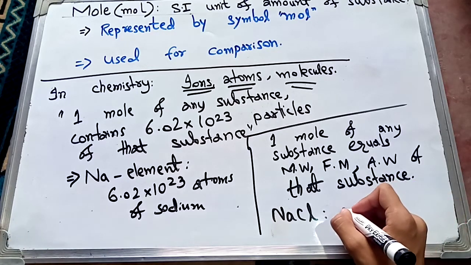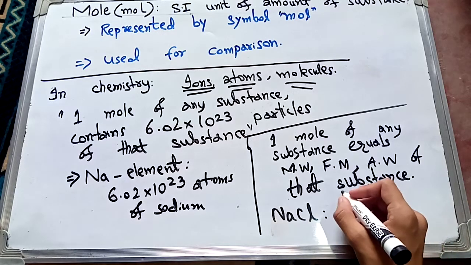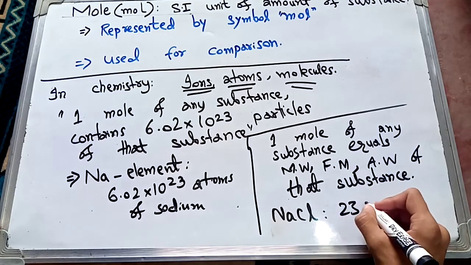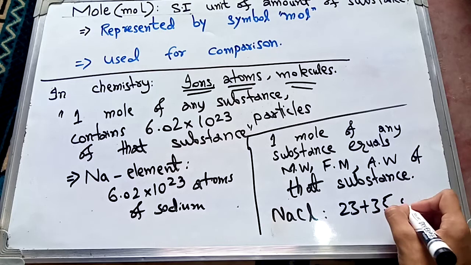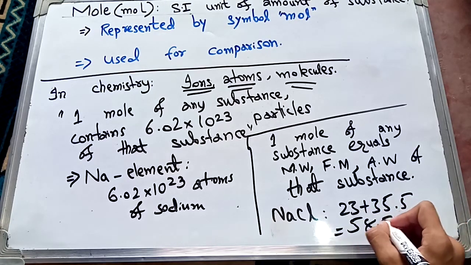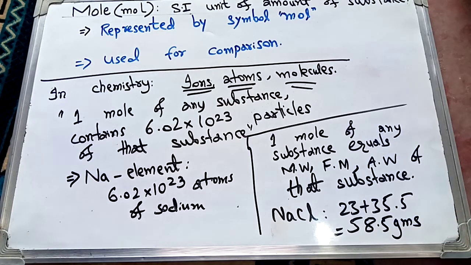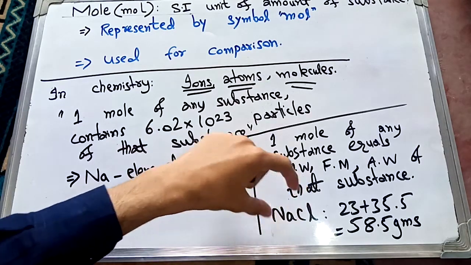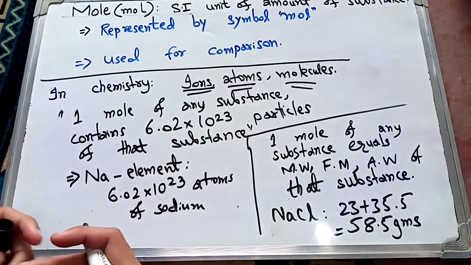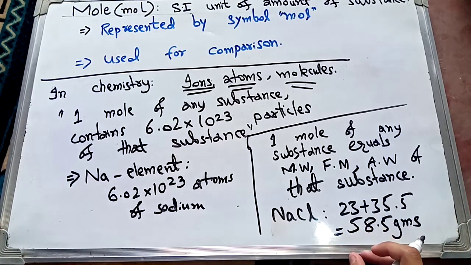Let's suppose we have a sodium chloride sample of 58.5 grams in laboratory. Okay, this is table salt. Okay, the normal salt we use in everyday life. So we have a sample of 58.5 grams for NaCl.